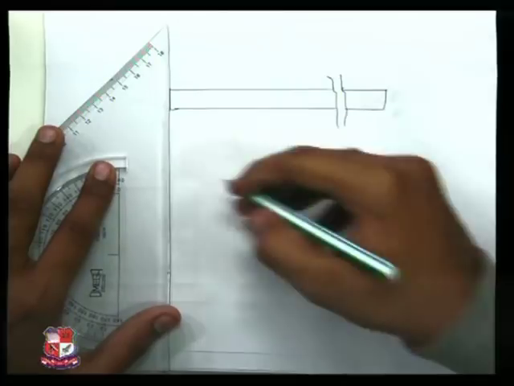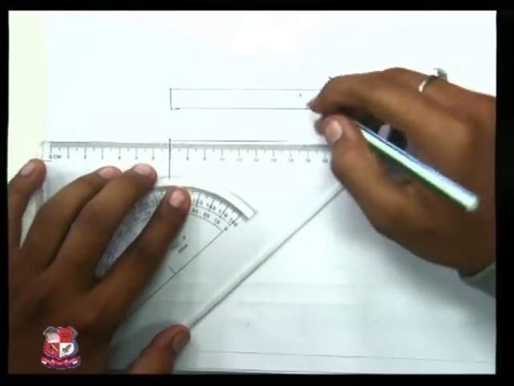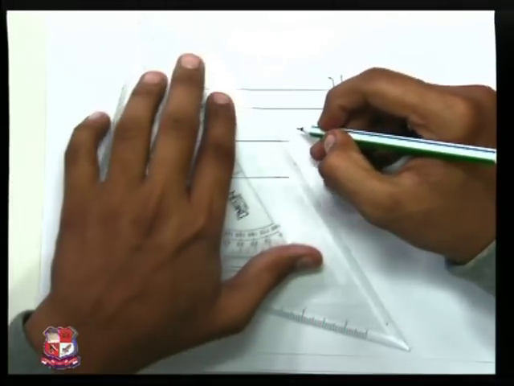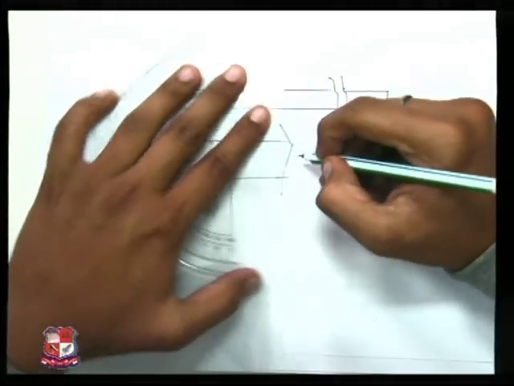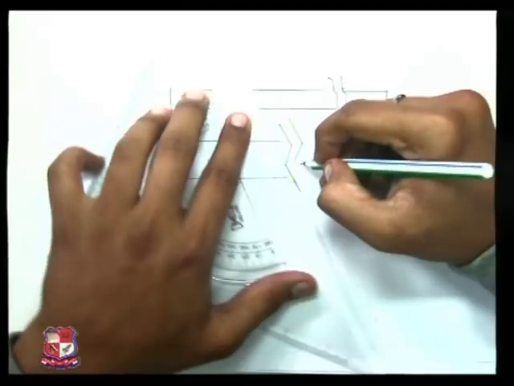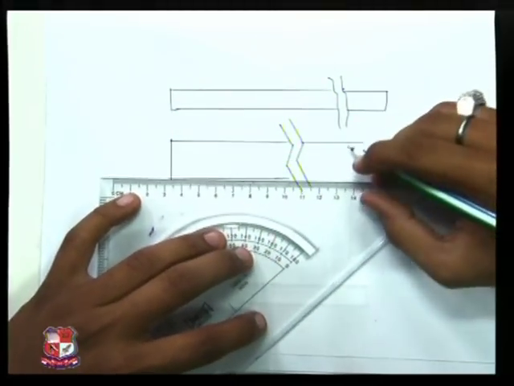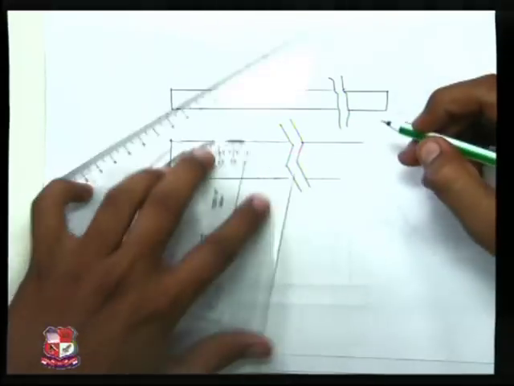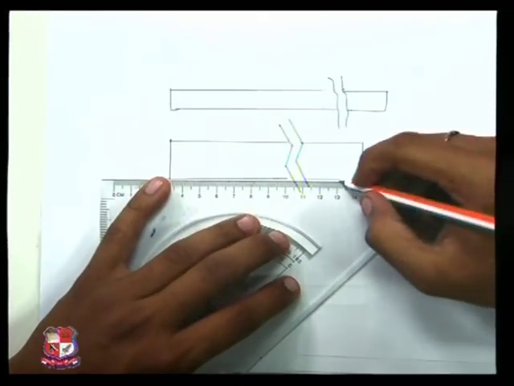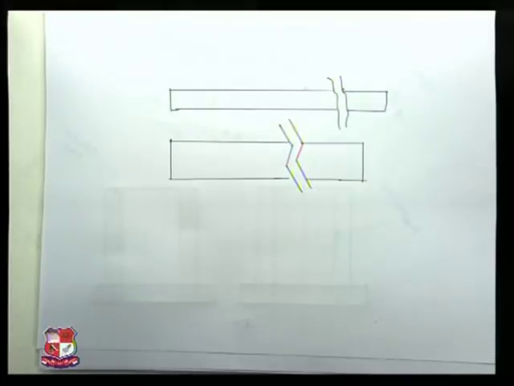The zigzag line is the same, only the representation method differs. In the zigzag line, the line would be represented in a zigzag pattern, so that's why it is called the zigzag line. So this is how you can elaborate on the types of lines.